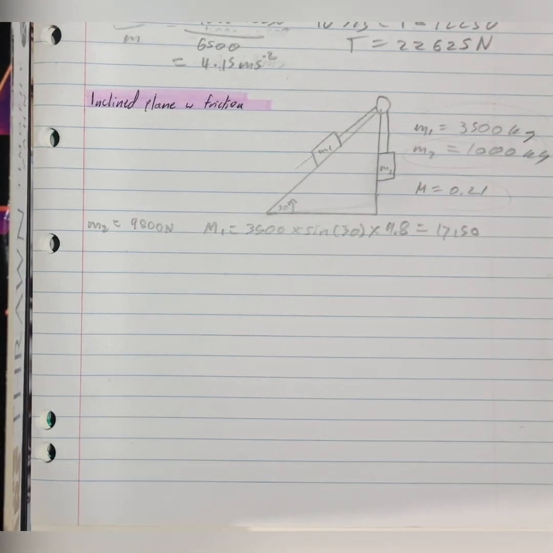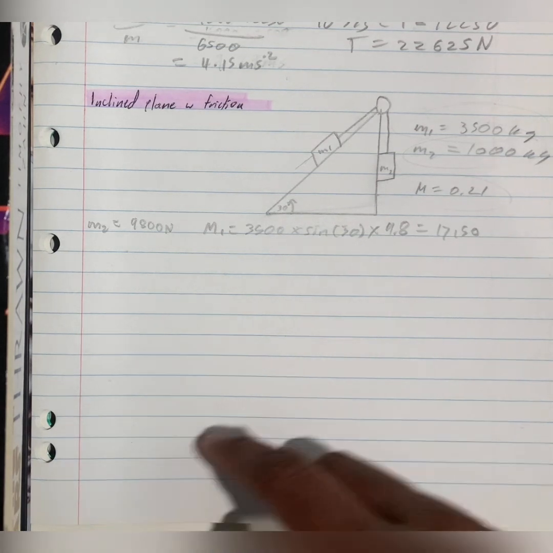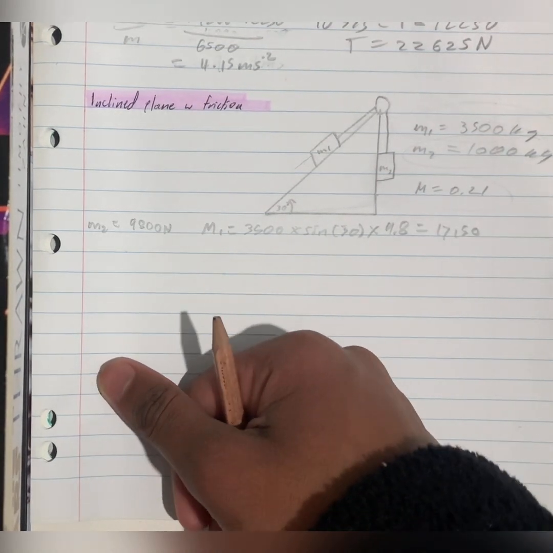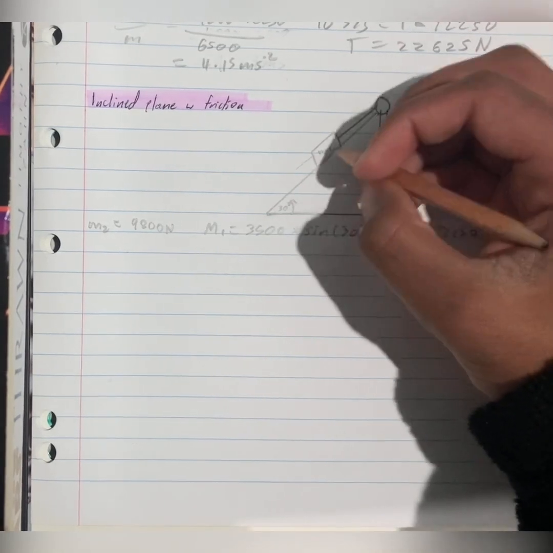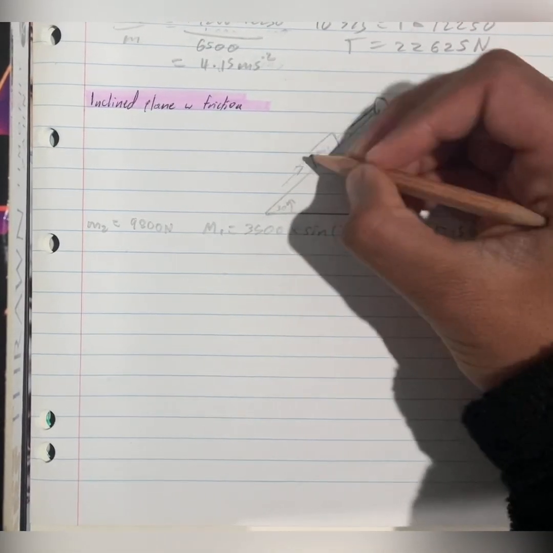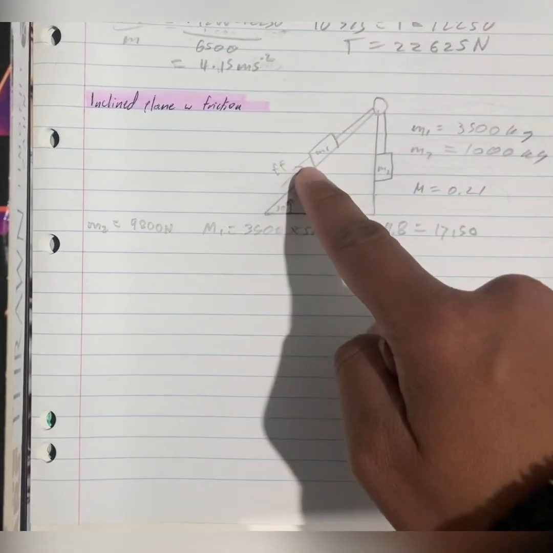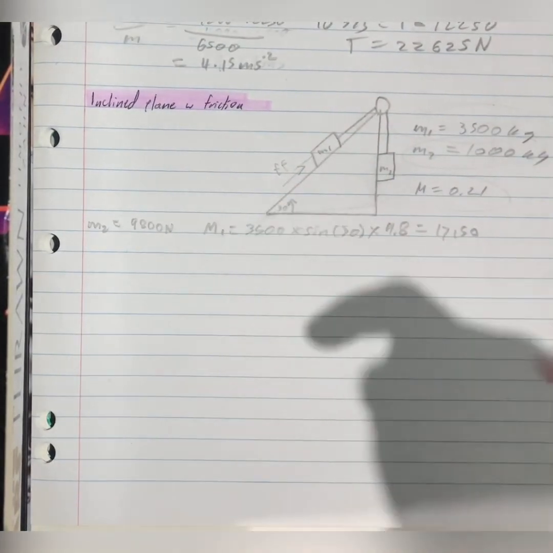So friction is the force that opposes motion, which means that the force must oppose the motion at which it's traveling. So in this case, the force would be coming upwards. This would be the friction force, as it is opposing the motion of the M1 block sliding downwards.